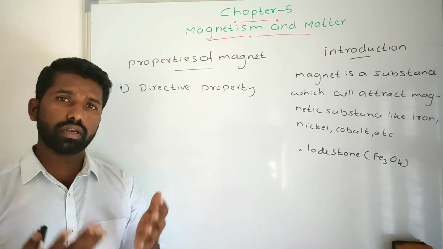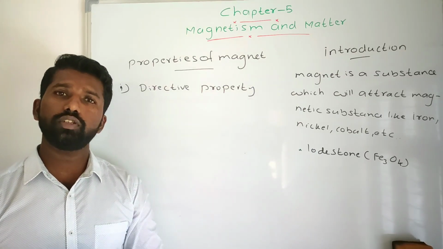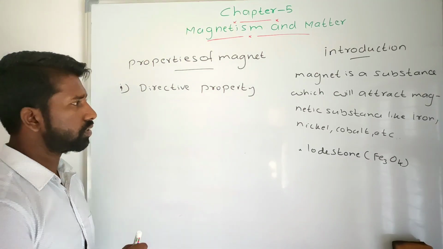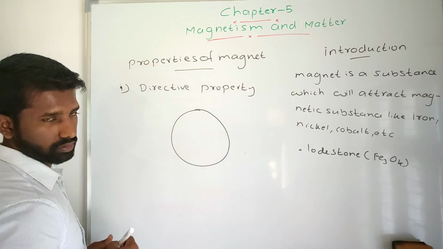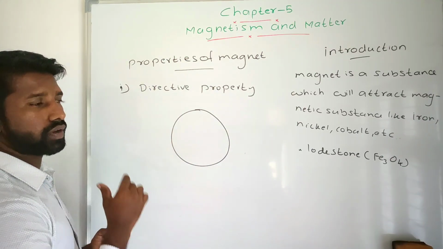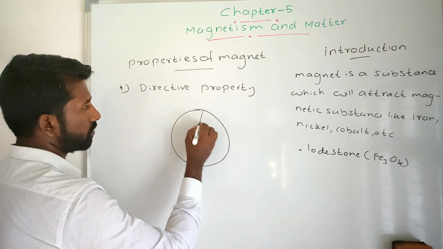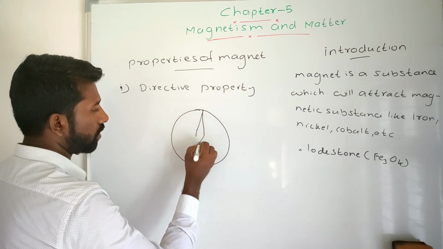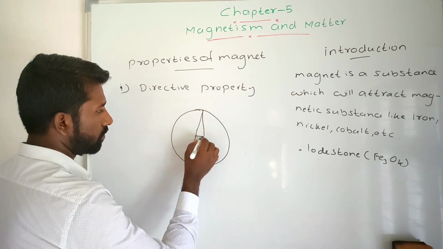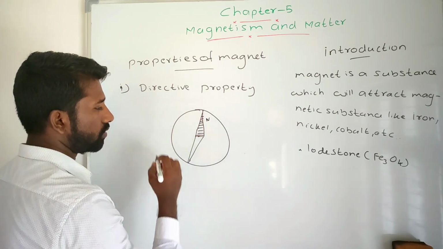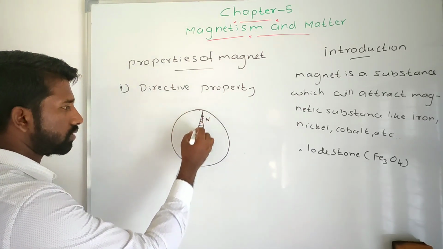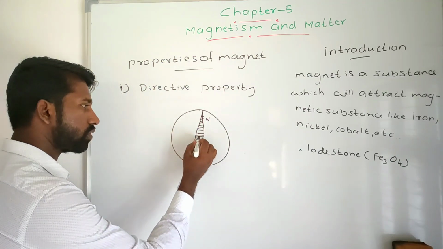This directive property is the principle of a compass. What is a compass? A compass is a magnet which is placed over a sharp end. You may have seen it in the physics lab. One end is north and the other is south. This is a piece of magnet that is placed over a sharp end.